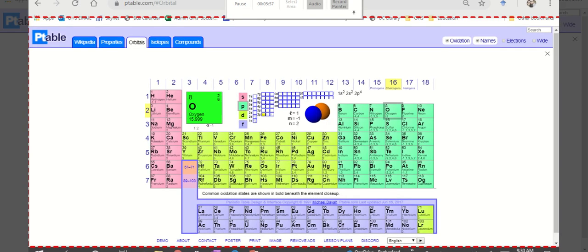So I have 1 valence electron for group 1, 2 valence electrons for group 2. Skip over the transition metals. 3 for 13, 4 for 14, 5 for 15, 6, 7, and the noble gases have 8 valence electrons. That's your pattern on the periodic table.